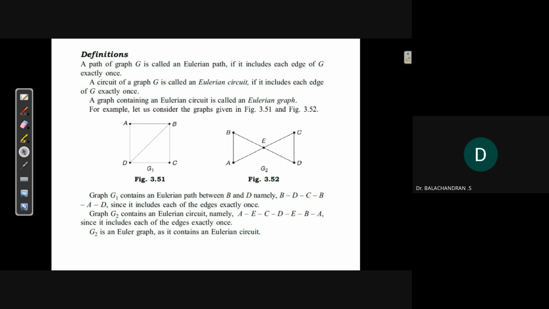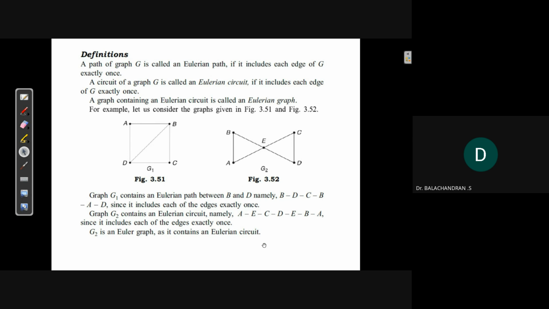You can check that it covers all the edges exactly once. So this is the Eulerian path from B to D, or you can start from D and end at B.